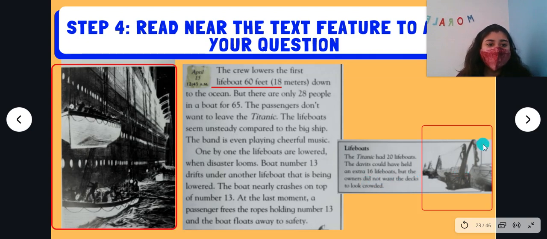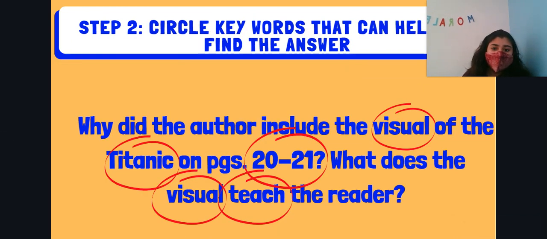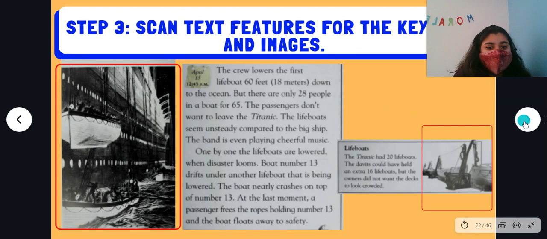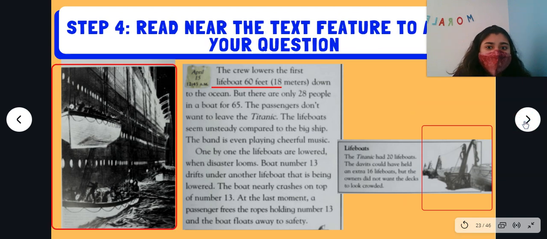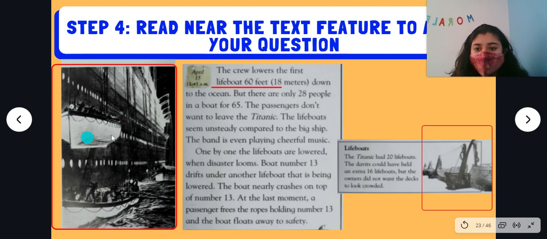So I think we're now ready to answer our question. Remember, our question said, why did the author include the visual of the Titanic on pages 20 and 21? And what does it teach the reader? To me, it looks like the author included these pictures to show us what a lifeboat looks like, where the lifeboat was. I mean, take a look. It's telling us where it was in the Titanic, and it's also telling us what it was used for.